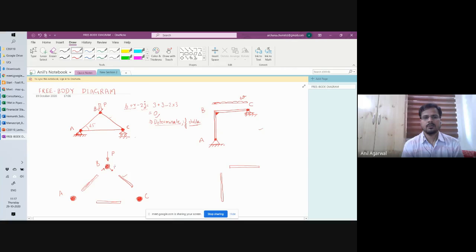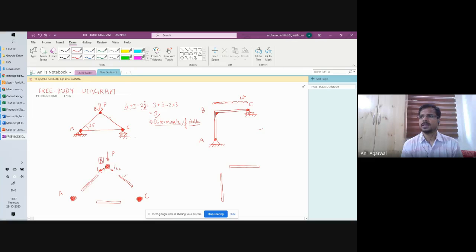Let me call it FBC, and this is FAB. Can you even read it? No, it must be getting very, very tiny. Okay. You can see forces FAB and FBC, right?